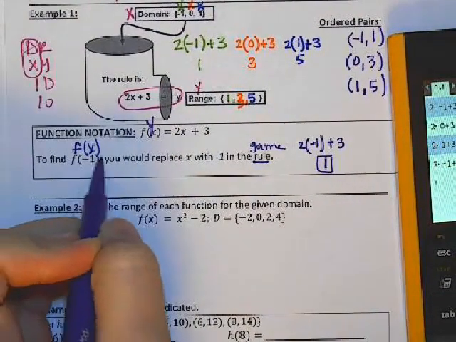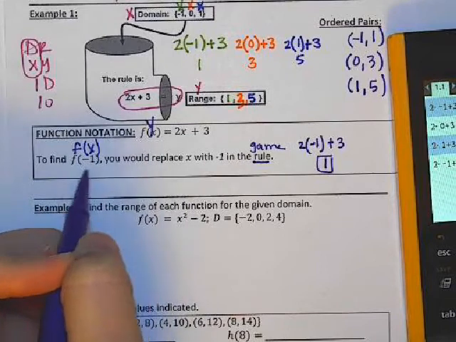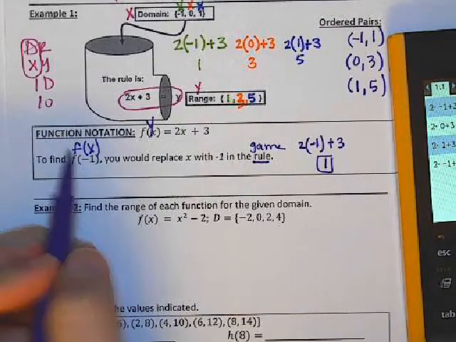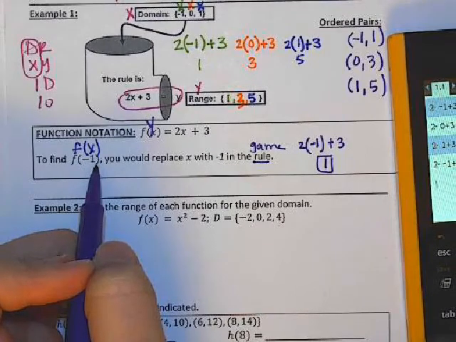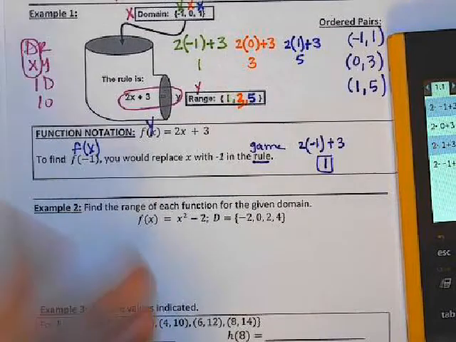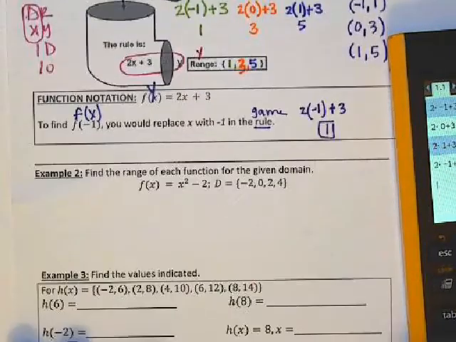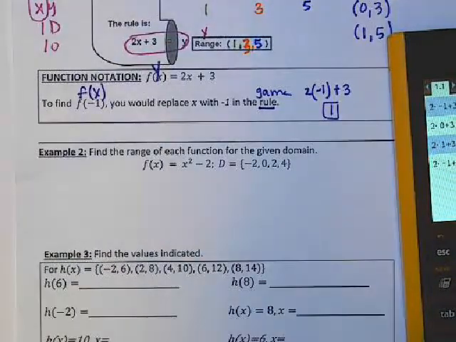But the entire thing together, all of it means y. But the -1 is only in the x spot. Okay, does that kind of make sense? Okay. All right, look at 2. It might make sense more in just a second, okay? You'll get it, I promise.